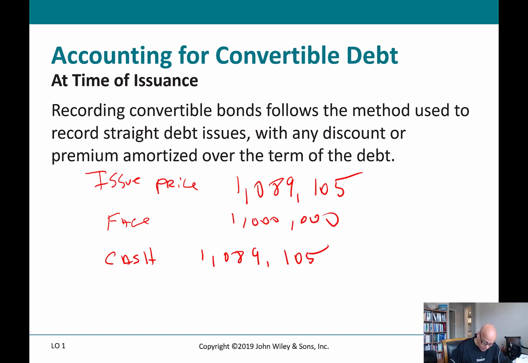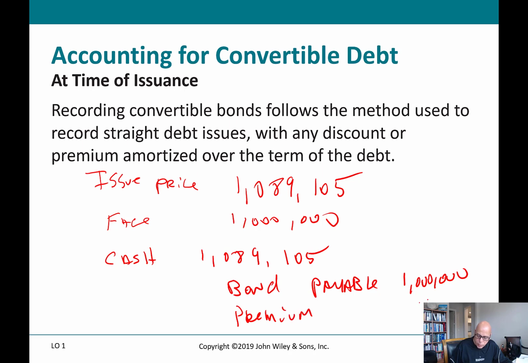Okay, and then I'm going to credit, what chapter are we in, chapter 14 on this example now? Okay, I'm going to credit bond payable for the full $1 million, of course. And then I'm going to credit the premium for $89,105 because it issued at more than face.